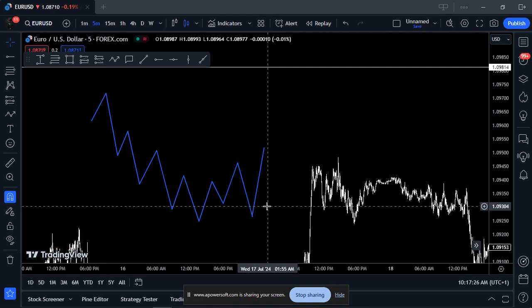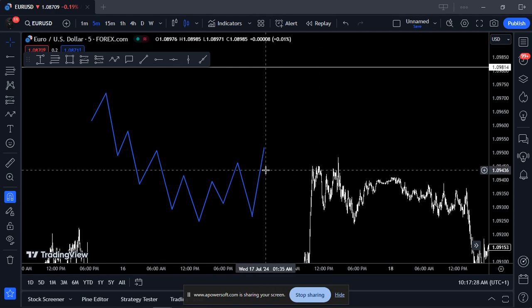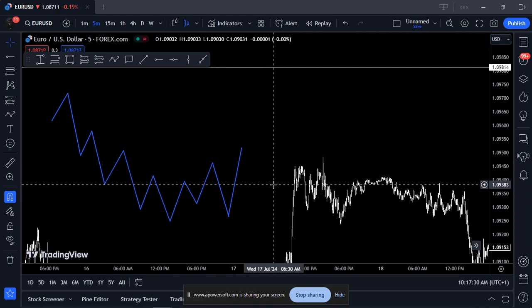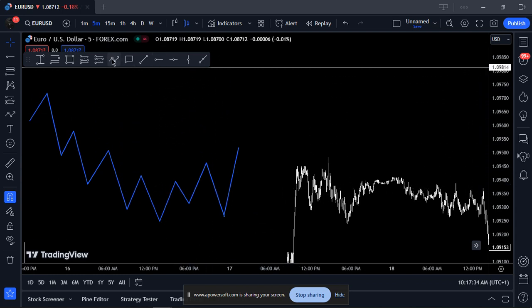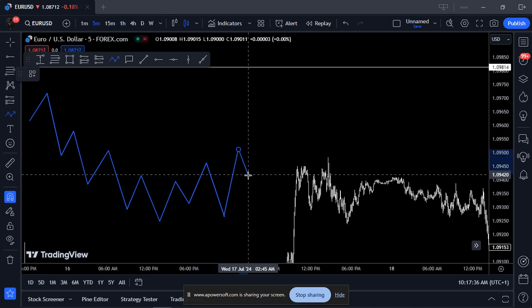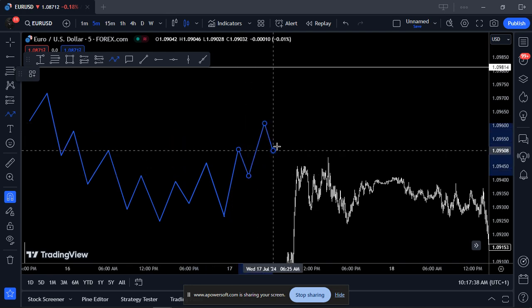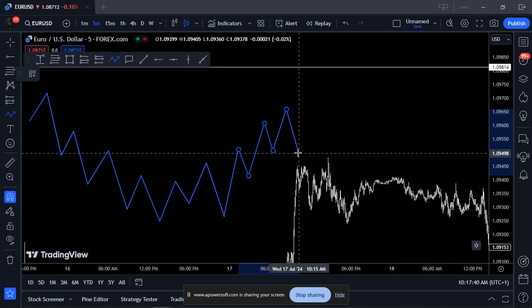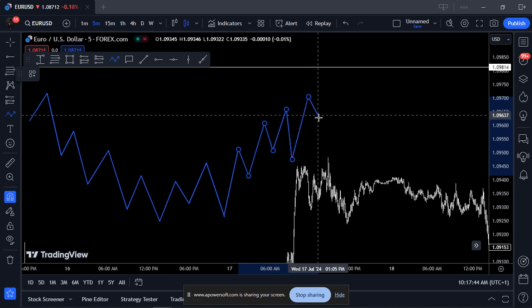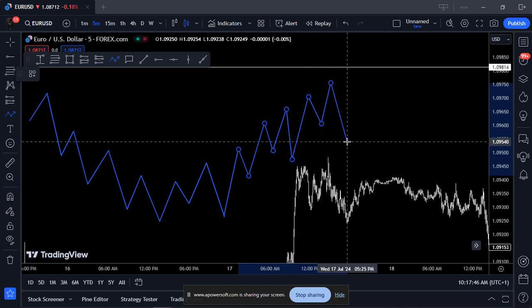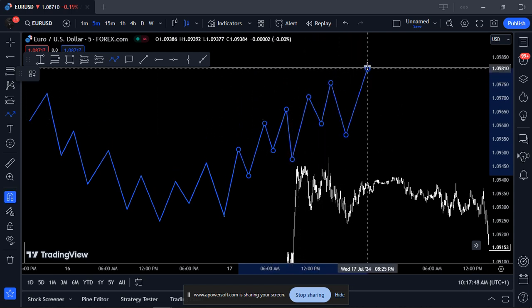Then there's something I love doing, because price market doesn't just run like this, does it? It moves in steps. It comes, it goes, then it comes again.